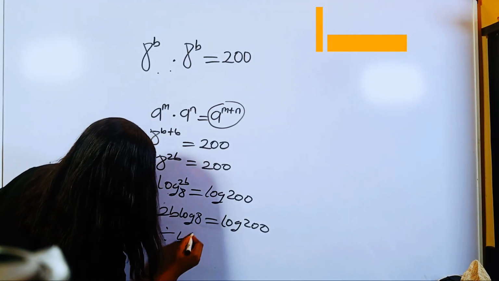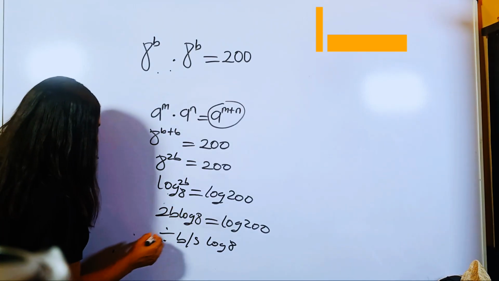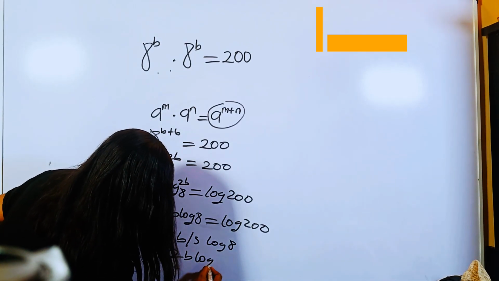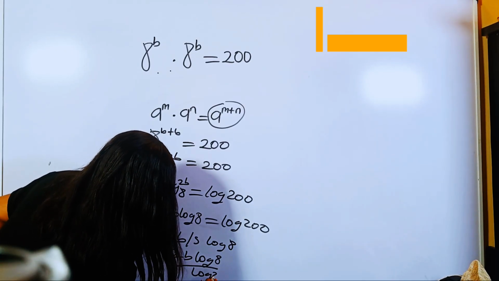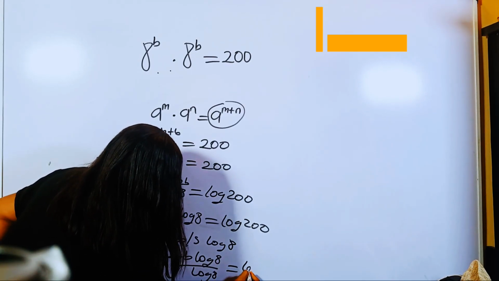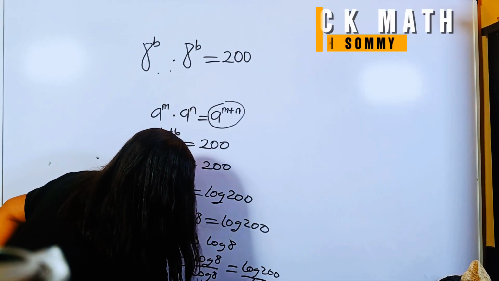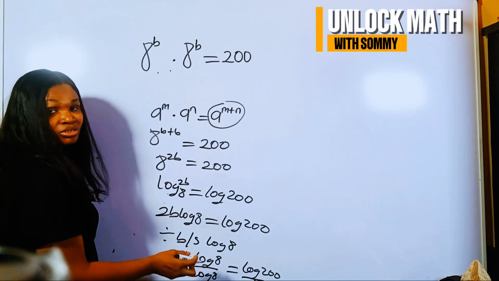The next thing is to divide both sides by log 8. When we divide, we now have 2b log 8 divided by log 8 is equal to log 200 over log 8. Now, we cancel out log 8.